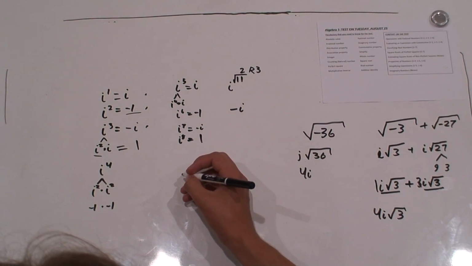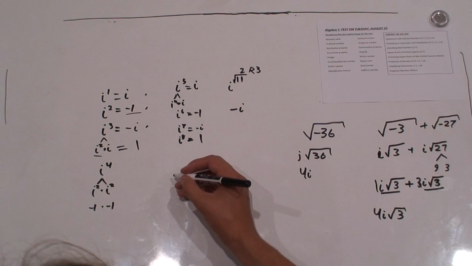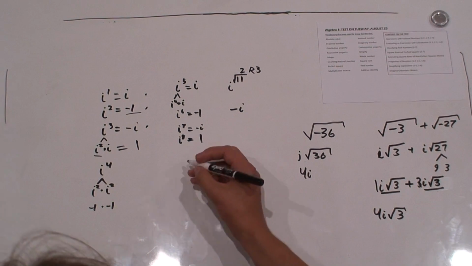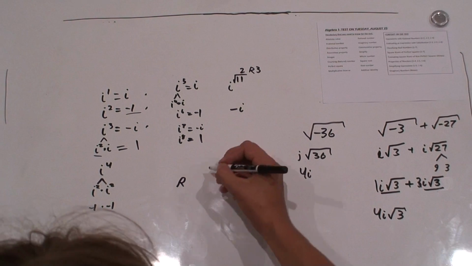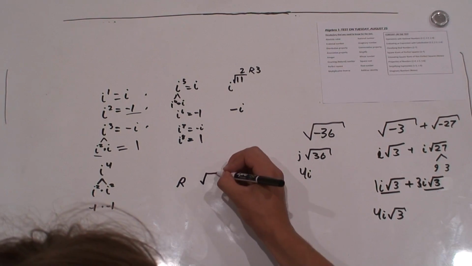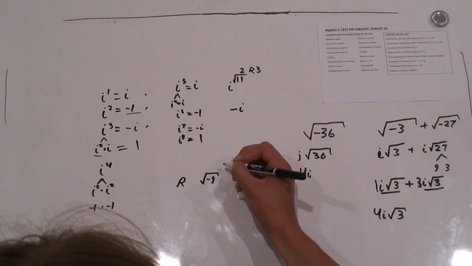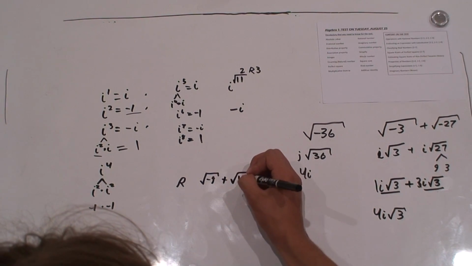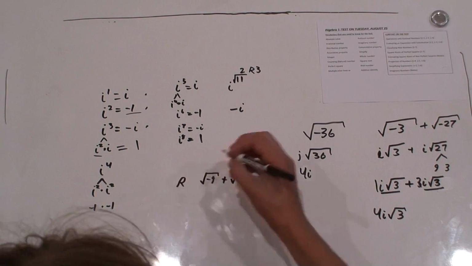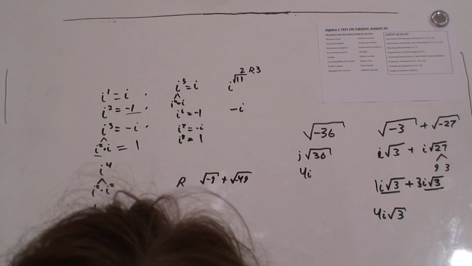So, number R on the quick check, it was the root of -9 plus root of -49. Oh, -49, I am sorry.